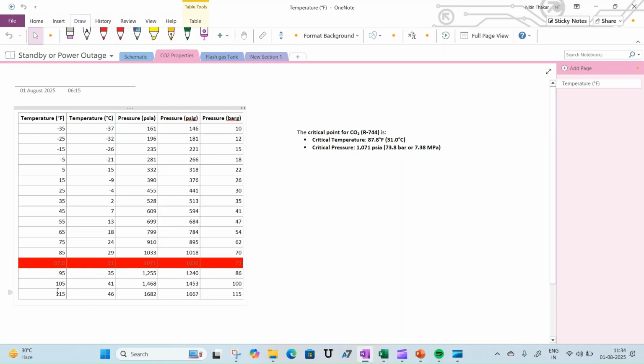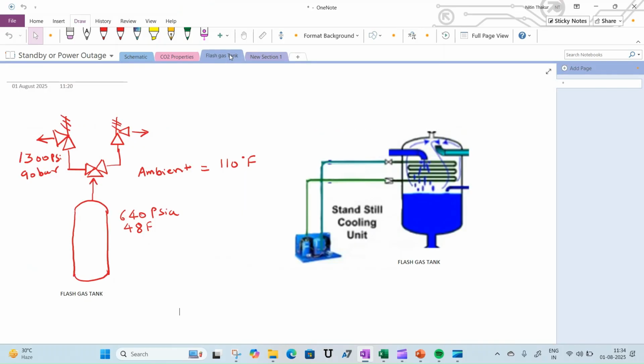And let's say we have a very hot day and the temperature goes up to 105 degrees Fahrenheit, which will be almost 1500 psia, or 1468 psia. So in that case, what will happen?